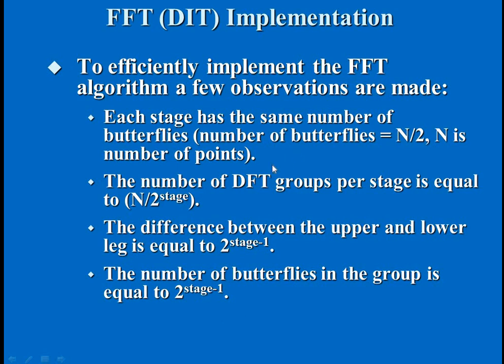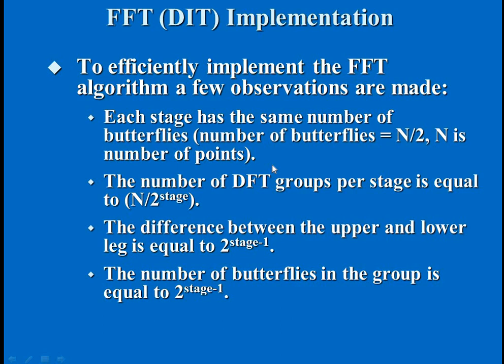Before solving the numerical problems, the only thing to keep in mind is that for each and every stage we maintain an equal number of butterflies. If you have n stages, all n stages have an equal number of butterflies.